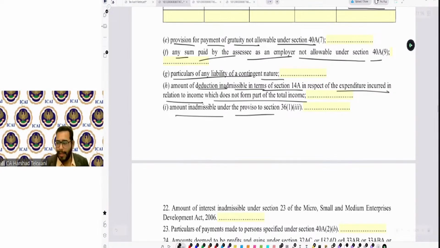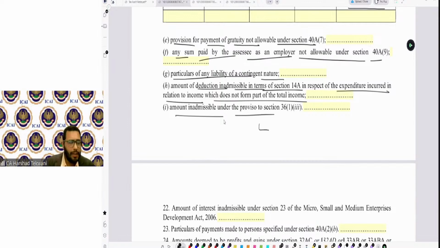Section 36(1)(iii), that is, amount of interest paid in respect of capital borrowed for the purpose of business and profession would be allowed as deduction in computing income, basically referred to in section 28. But the proviso says that any amount of interest paid in respect of capital borrowed for acquisition of an asset for any period beginning from the date on which such capital was borrowed for acquisition till the date on which such asset was put to use shall not be allowed as a deduction.